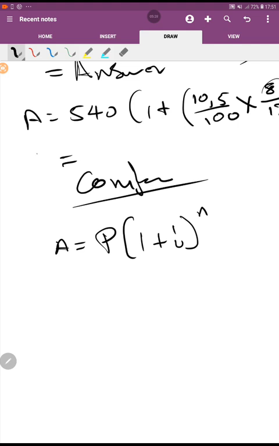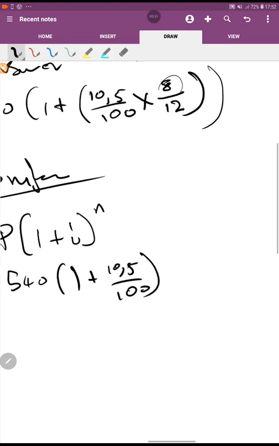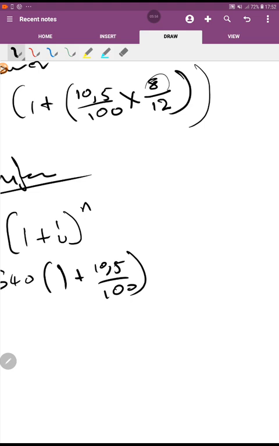It's no longer multiplied by the interest rate. So we're going to say 540 open brackets 1 plus the interest rate, which is 10.5, divided by 100, close bracket. Let's use the months one, because if we were using years, you know you're going to write 3 years. But now that we are using months, we're going to say 8 over 12.